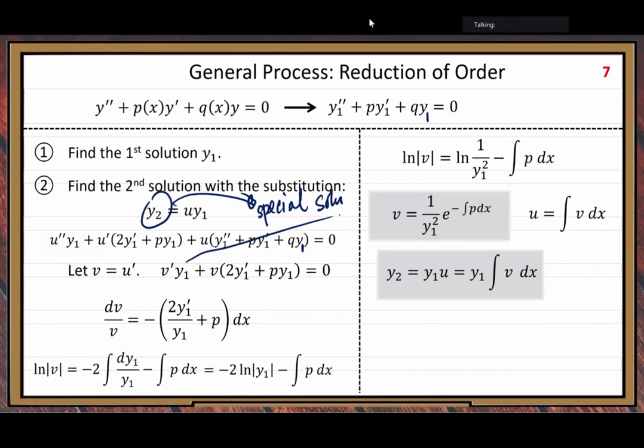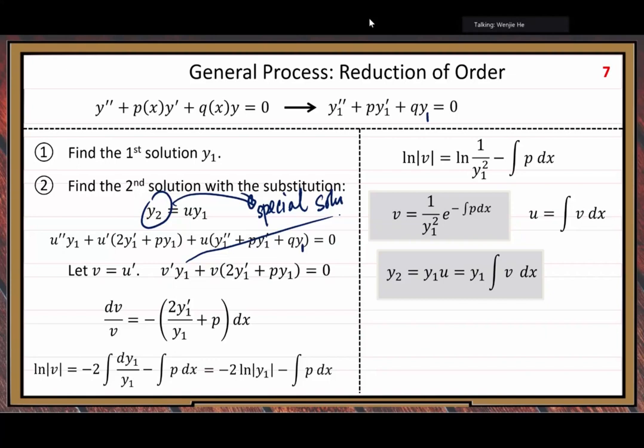So 2 times U is this one. After we get a special y1 and special y2, how do we get a general solution? We take a linear combination. From special to general, we take a linear combination.